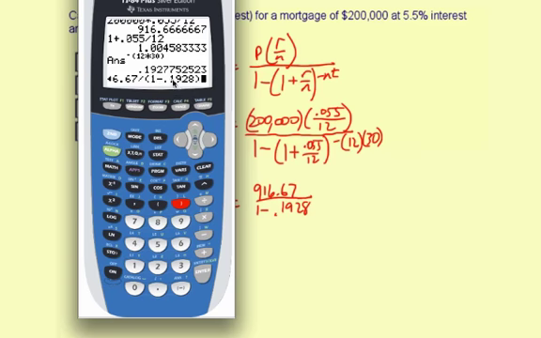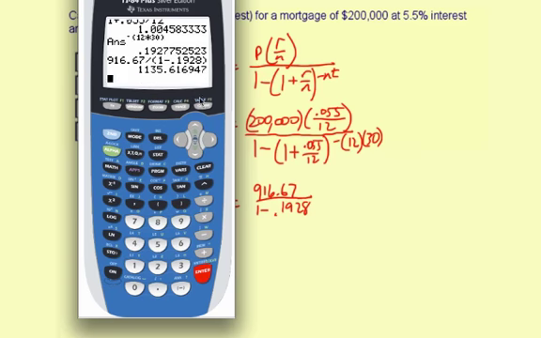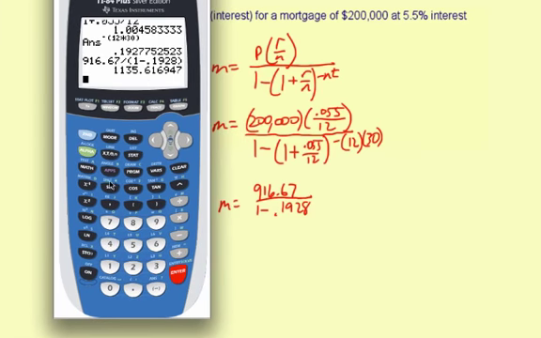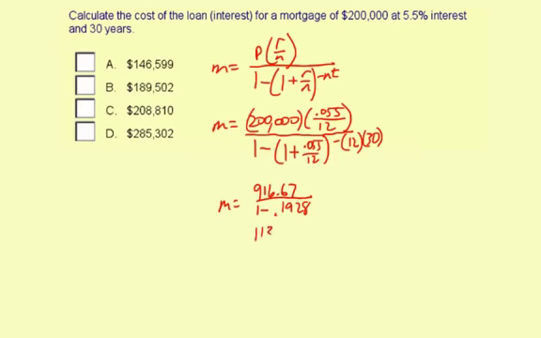I want it to subtract first, so I use the parentheses there. Okay, so there's that monthly payment, $1135.62. And that does include interest.